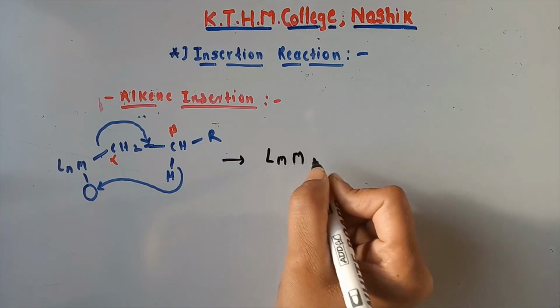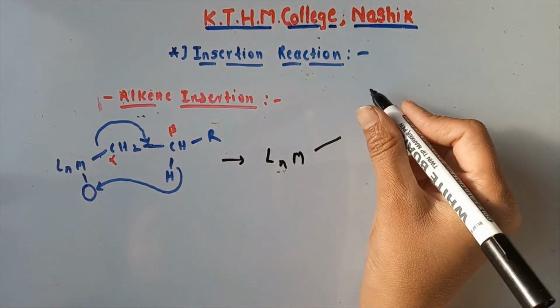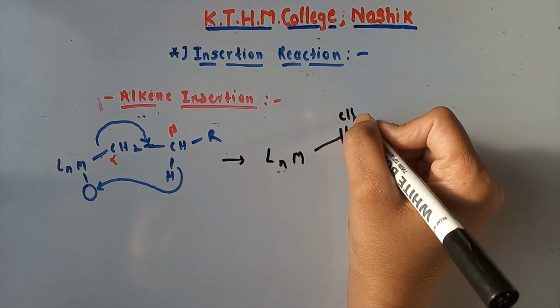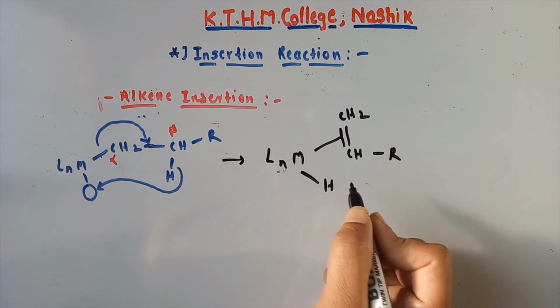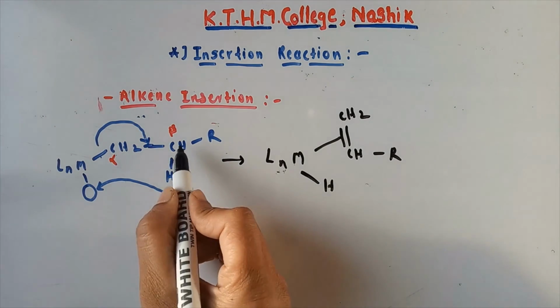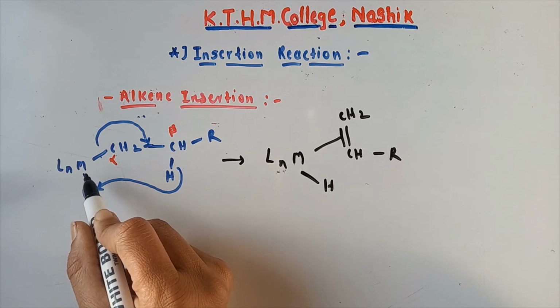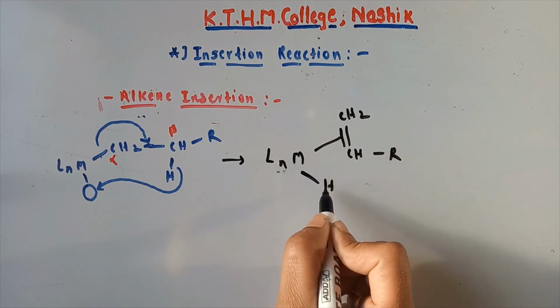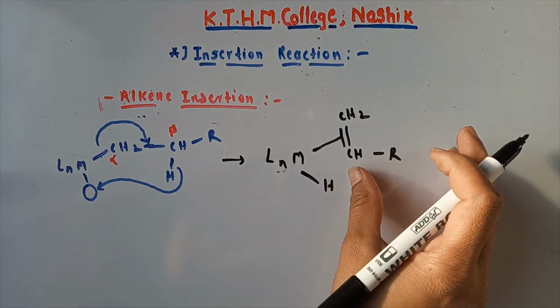I directly show the product LnM-H and CH2=CHR, that is the alkene. A reverse of alkene insertion is called beta elimination reaction. Here we transfer the beta hydrogen to the vacant metal center.